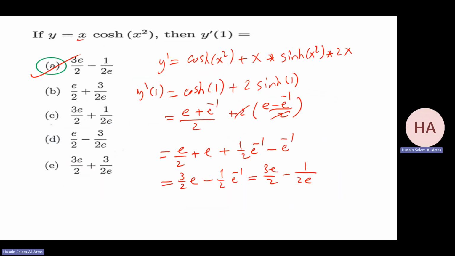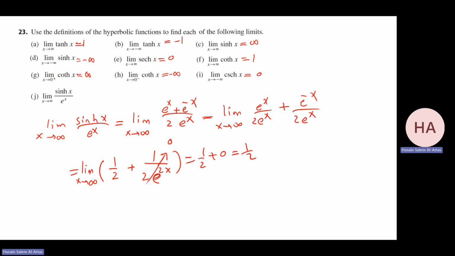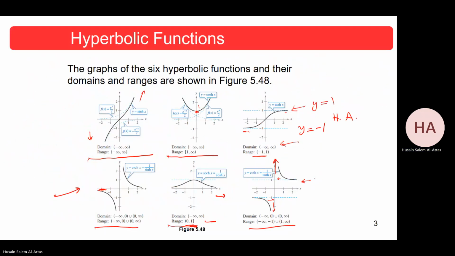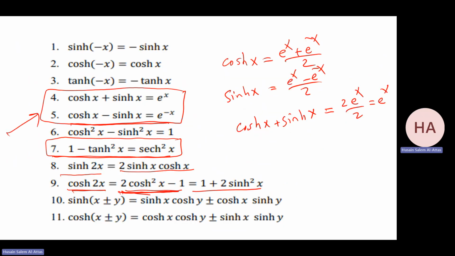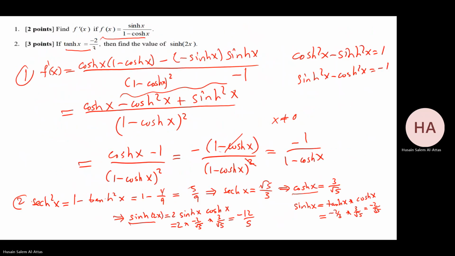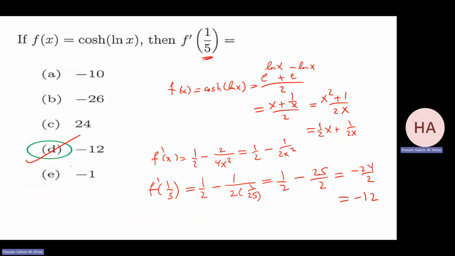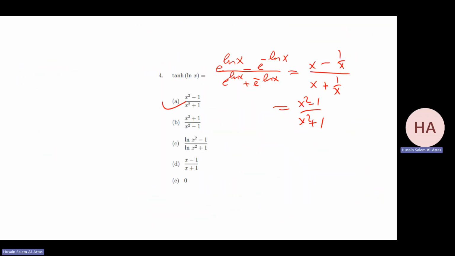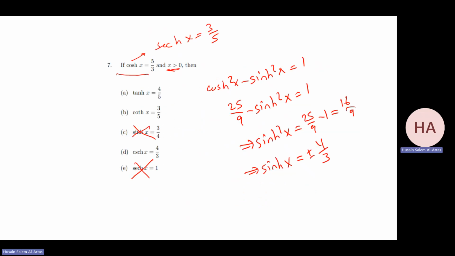Because if you notice from the graph of sine hyperbolic, if x is positive, sine hyperbolic is positive. If x is negative, sine hyperbolic is negative. Because of that, he gave us this information that x is positive. So from here, I'm getting the sine hyperbolic is 4/3.